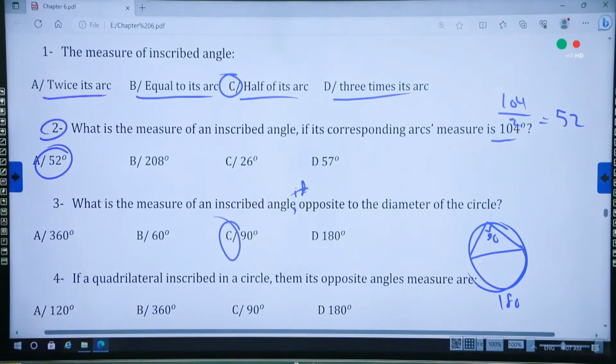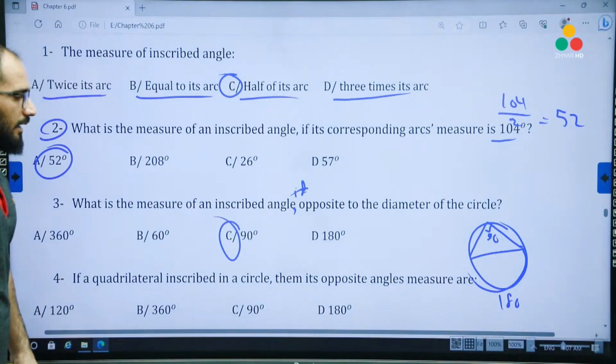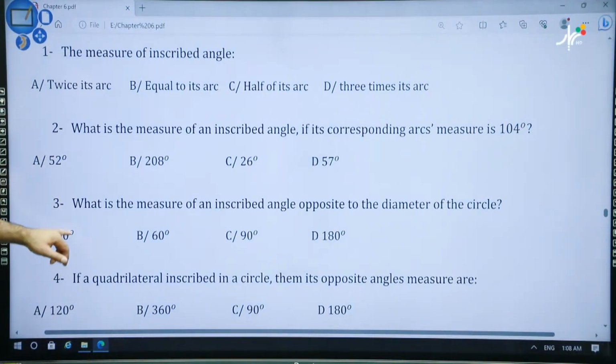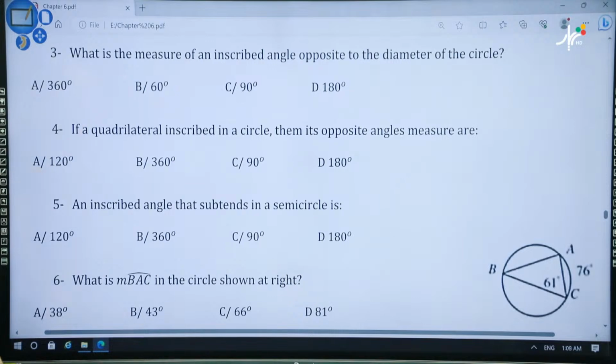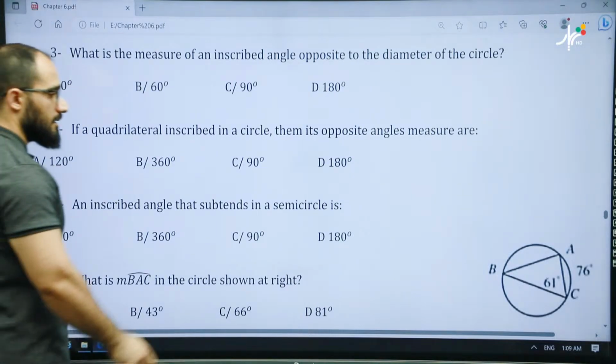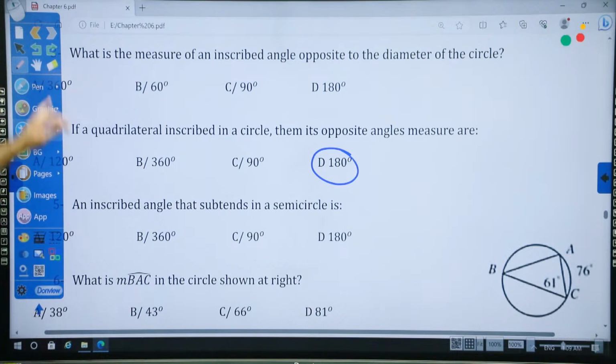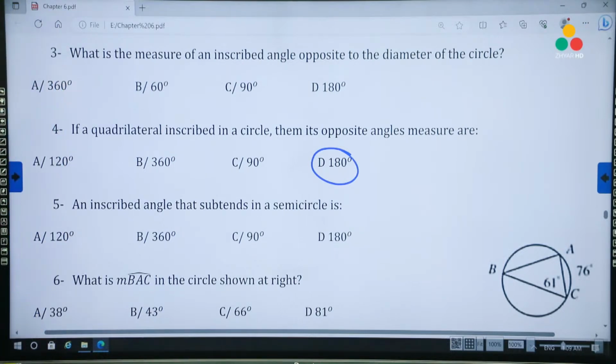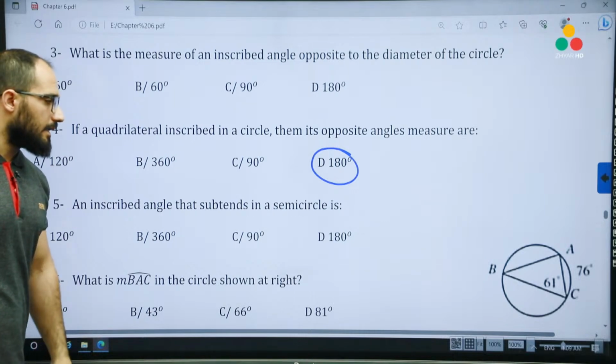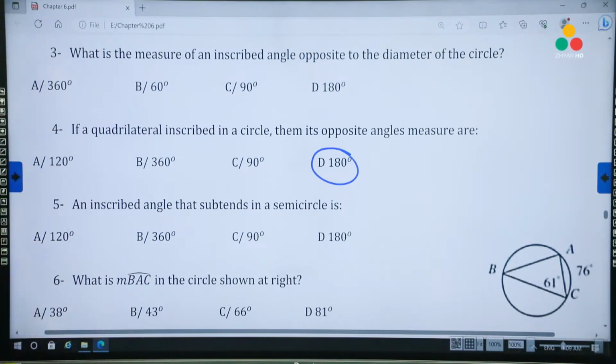So if a quadrilateral is inscribed in a circle, then its opposite angles measure are 180 because they are supplementary. Then another question, an inscribed angle that subtends a semicircle is what?